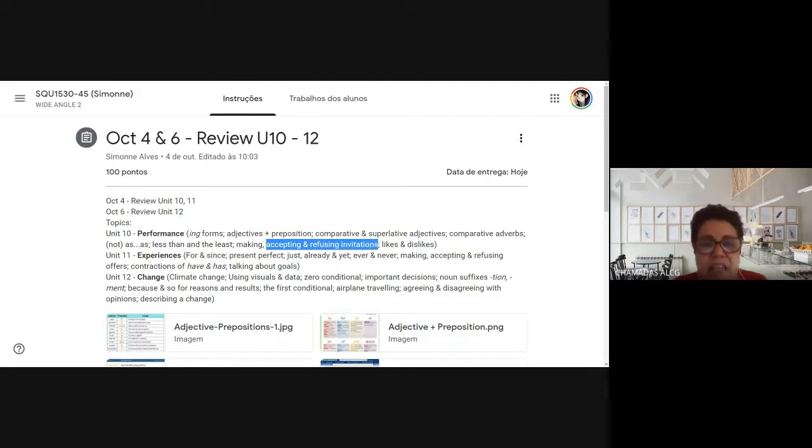That's the language. Unit 11 is about accepting and refusing offers. This is what we've just finished now on online practice. Unit 10, accepting and refusing invitations. This is what we are doing. So let's go back again.